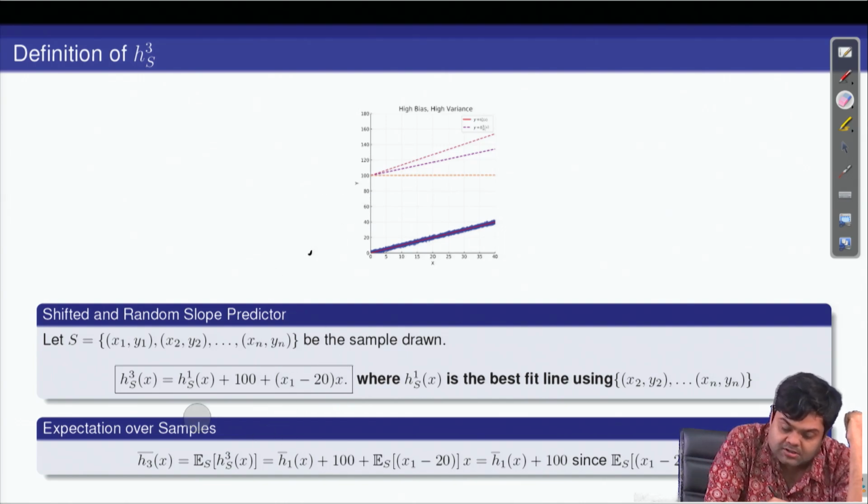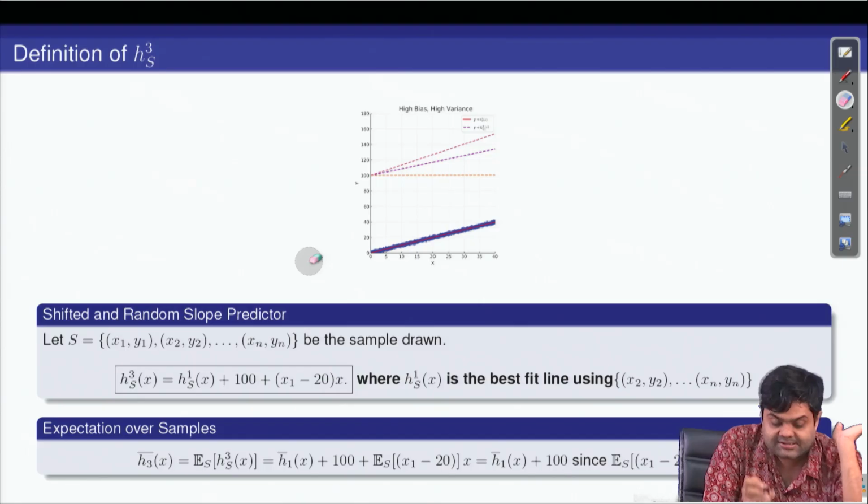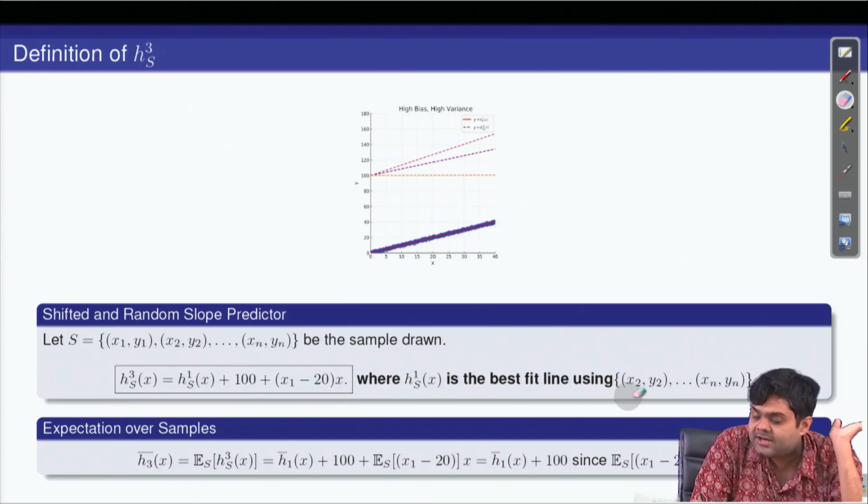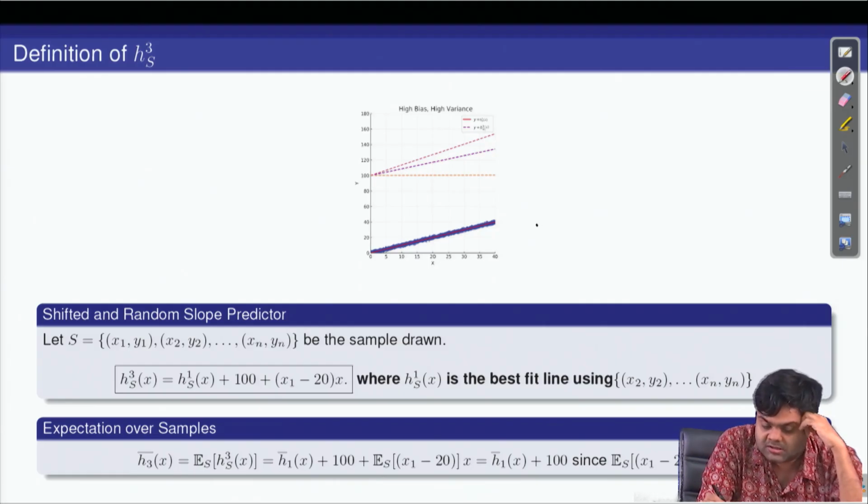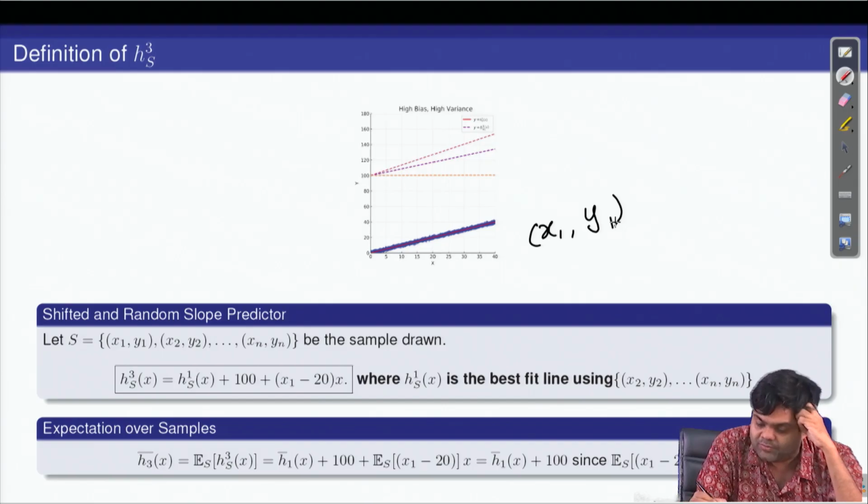What do the other portions do? They do not contribute to variance. Now, there is a reason I did it with x2 to xn: x1, y1 is an IID sample, independent of x2, y2 up to xn, yn.